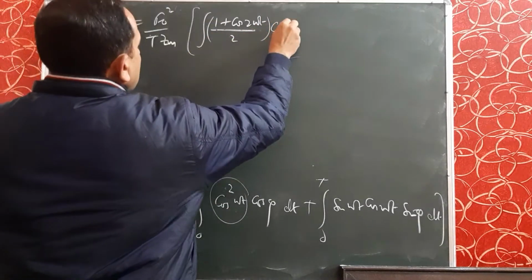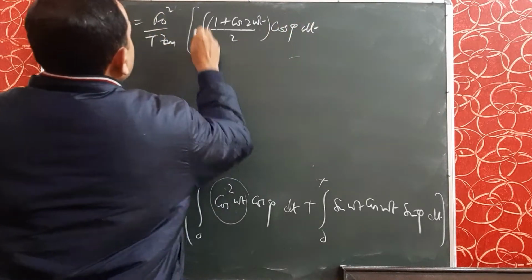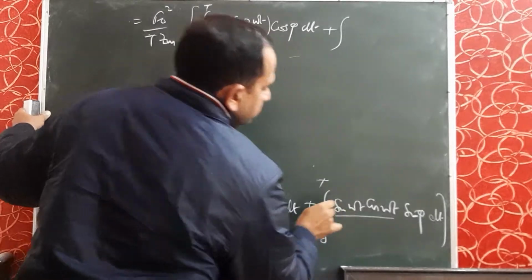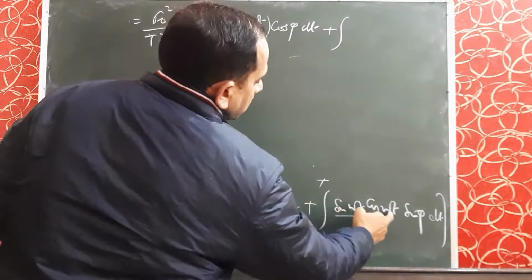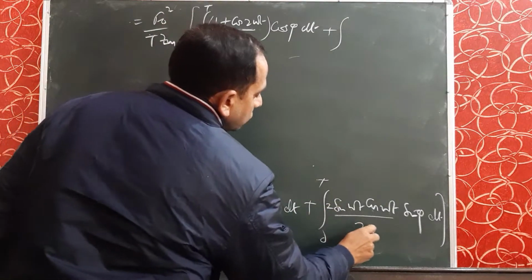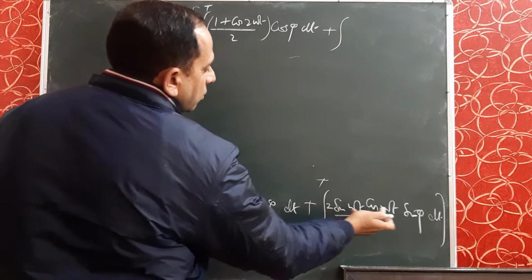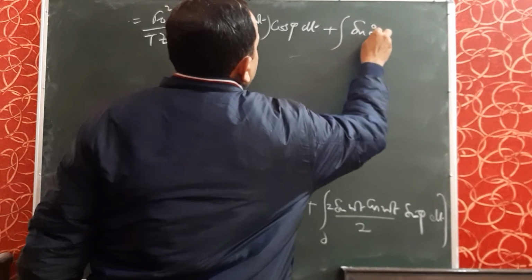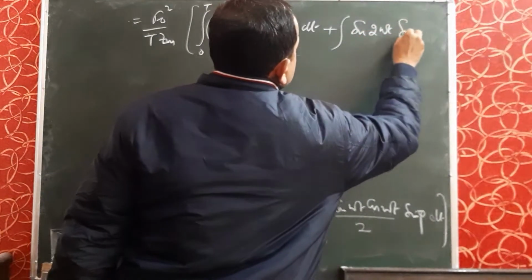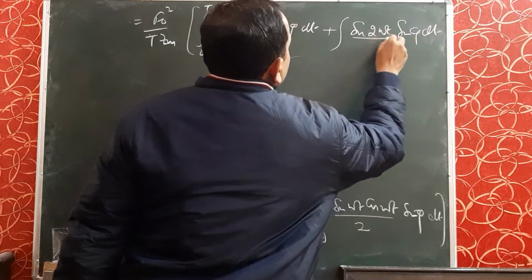Plus the integral of sin theta cos theta. So, we multiply with 2 and divide with 2, and it will become 2 sin theta cos theta, that is sin 2 omega t, into sin phi dt upon 2.